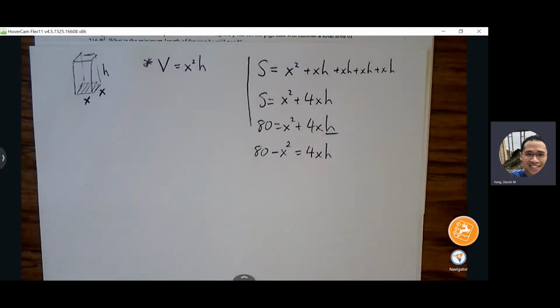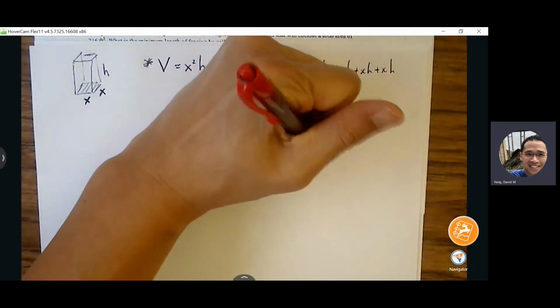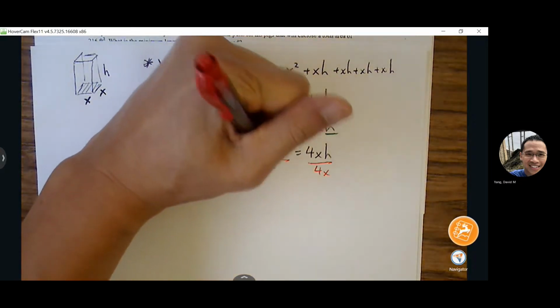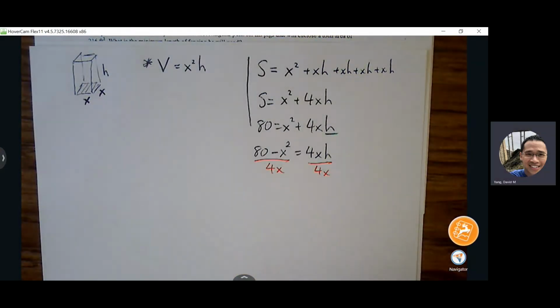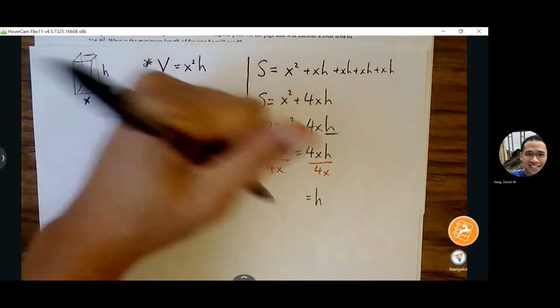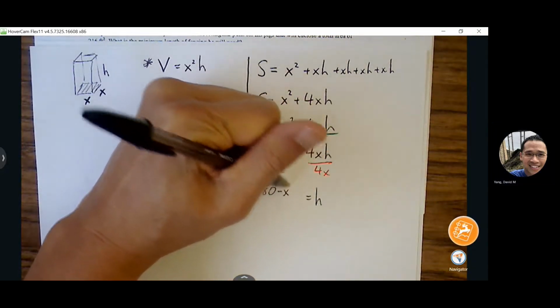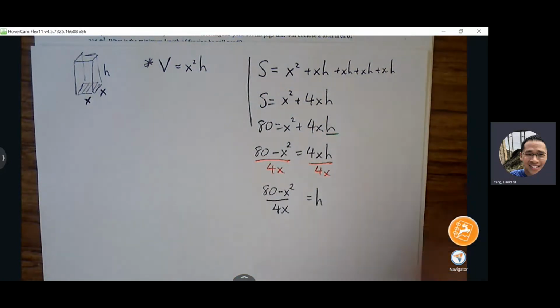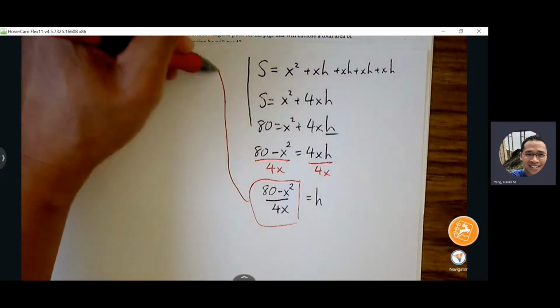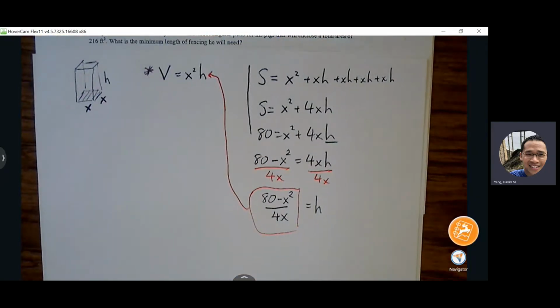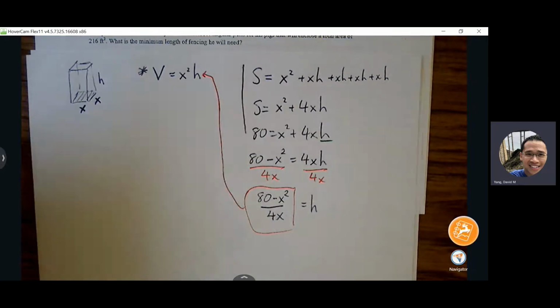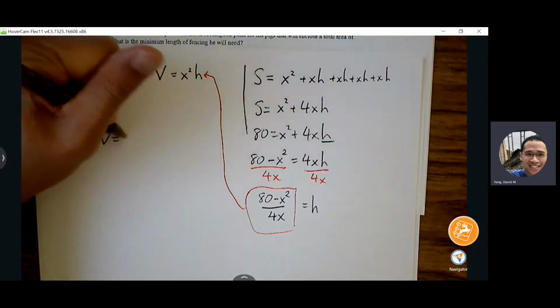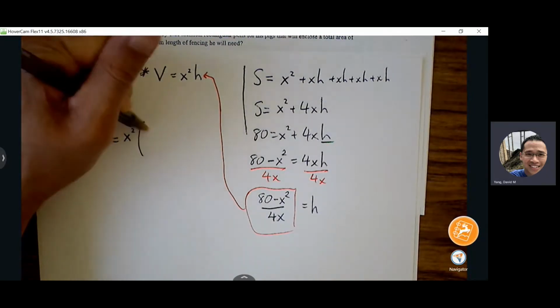Subtract the x squared first, and then I'm going to move over the 4x. Okay, so all this is now going to get inserted into the h. We're making progress because we're going to get that volume equation purely in terms of one variable on the right side. And then we can now think about what to do to get it ready for power rule.